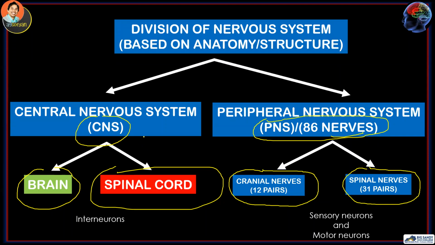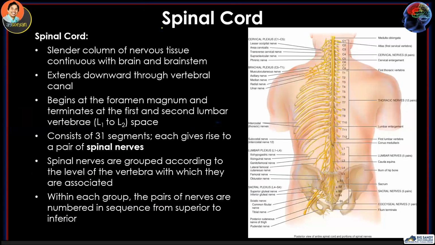So today we are in this discussion, the central nervous system, and we will discuss the spinal cord. Okay, the spinal cord is actually a continuation of the brain.